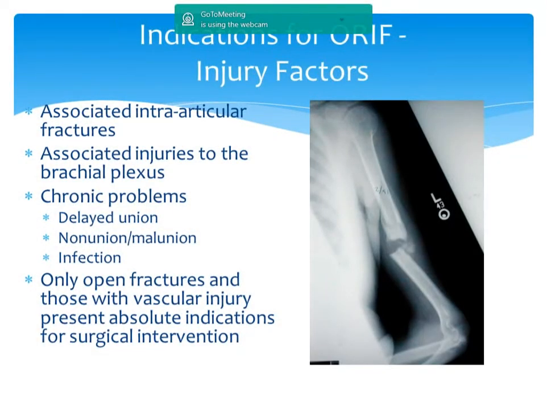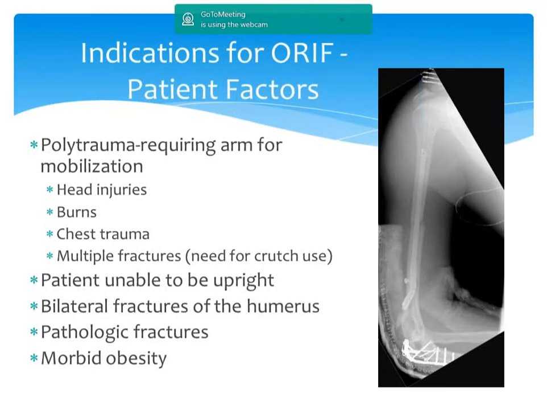So intra-articular fractures must be treated with surgery. Only open fractures and those with vascular injury present absolute indications for surgical intervention. Coming to the patient factors of the indication: head injury patient, you have to do, no alternative. And chest trauma, you have to do. And multiple fractures, that is also.